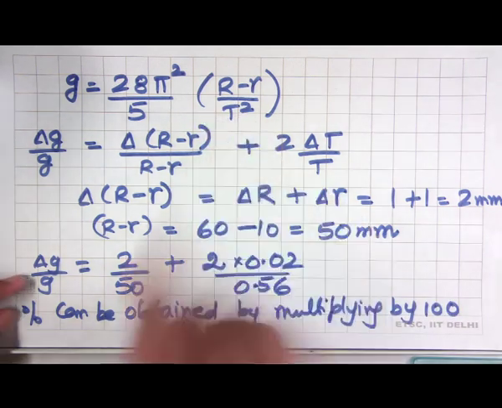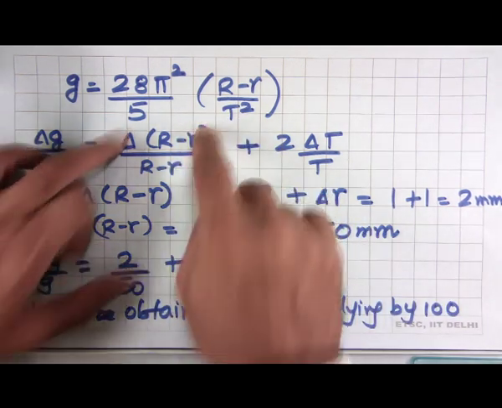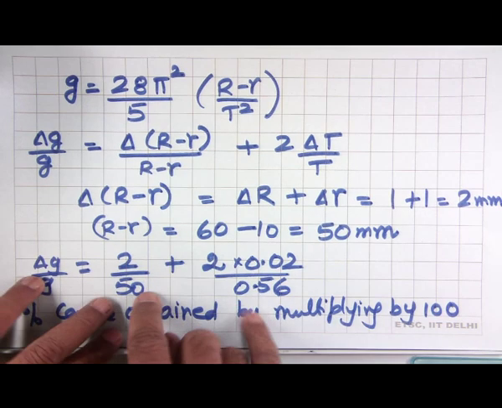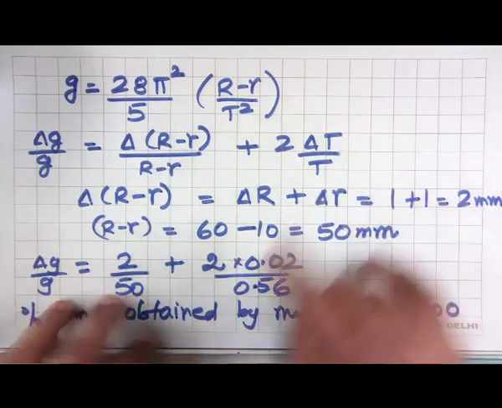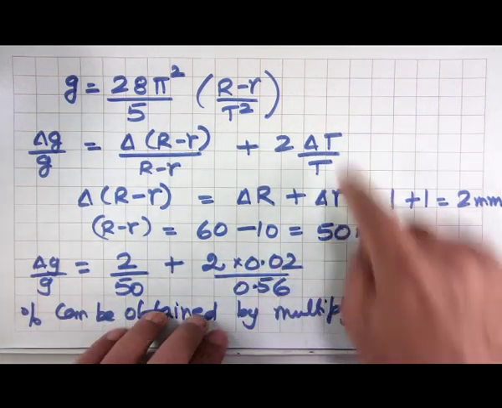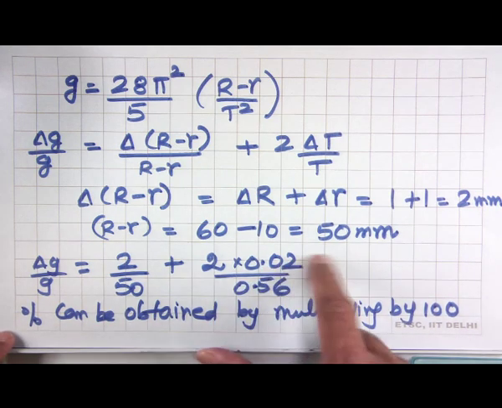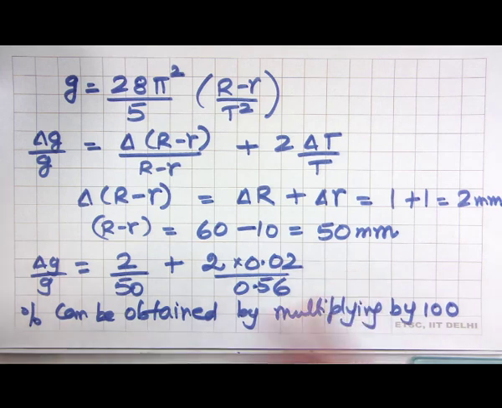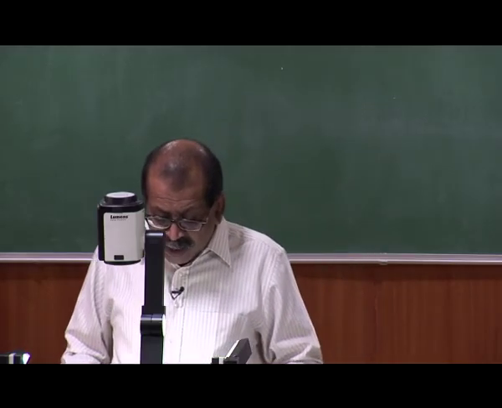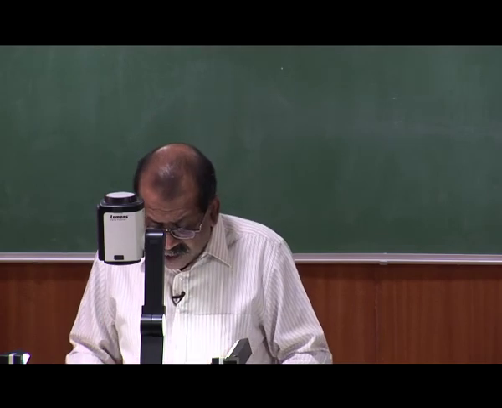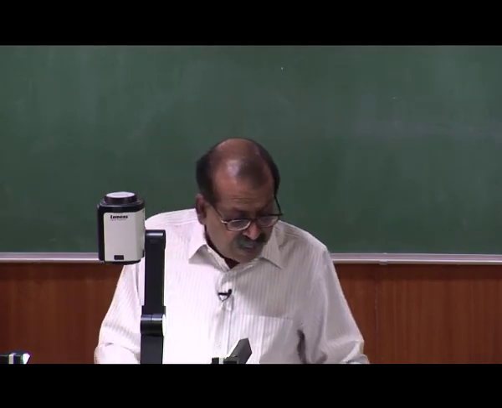So, we will put this in. Delta of (R minus r) by (R minus r) will become 2 by 50, and then we have 2 times delta t by t, which we have already calculated. So, that becomes equal to 2 times 0.02 by 0.56. This gives us the relative error in the value of gravity. Now, if we have to obtain a percentage of this, we can multiply by 100.